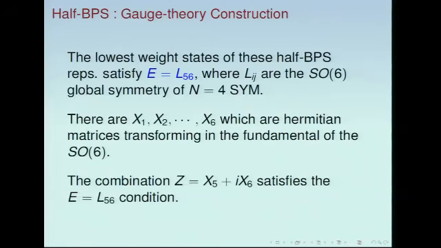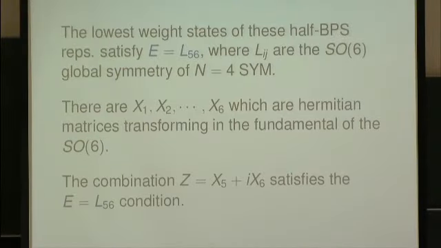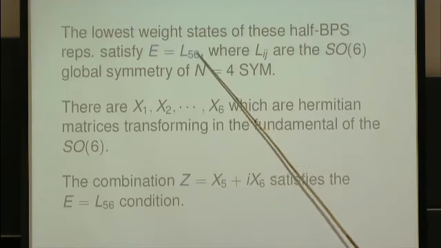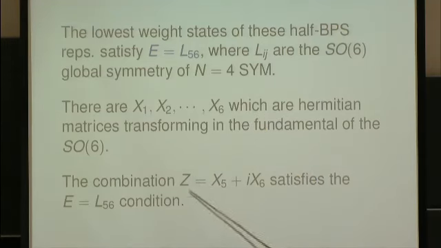So half BPS means that the energy, or conformal dimension, is related to a global charge. So out of the L_ij's of SO(6), we can pick L_56. So E equals L_56. That is the BPS condition. So how do we build such things in the gauge theory? We can take X5 plus i X6, which has unit charge under this U(1) global, and it also has dimension 1. And so for half BPS operators, this is not going to be corrected.